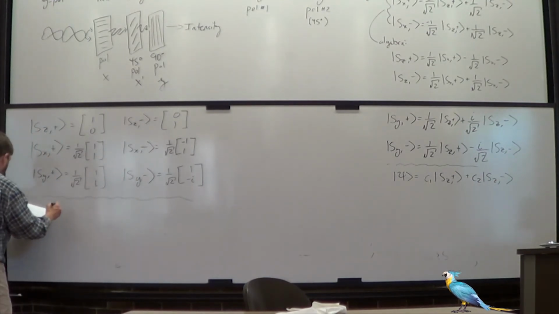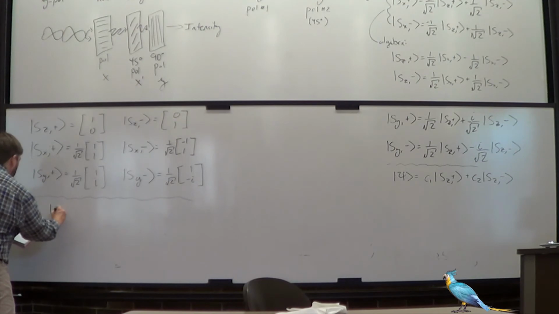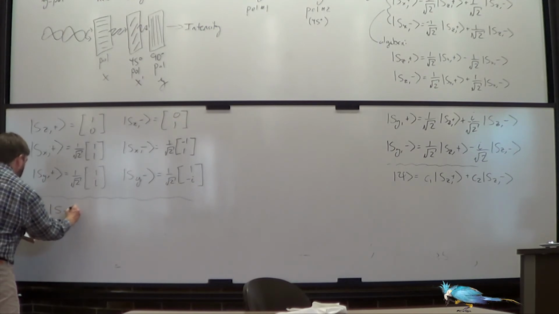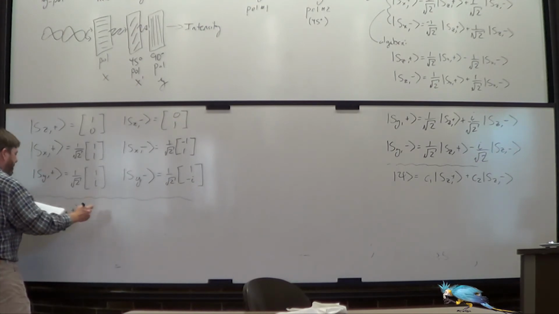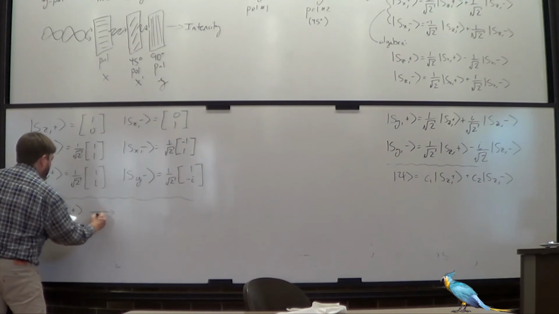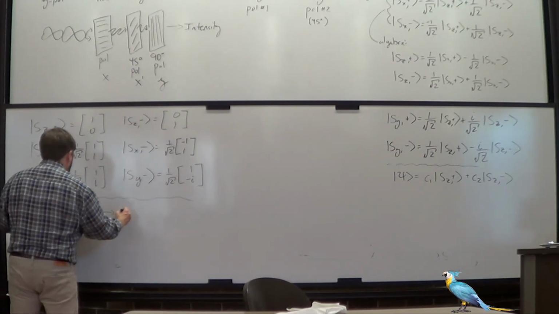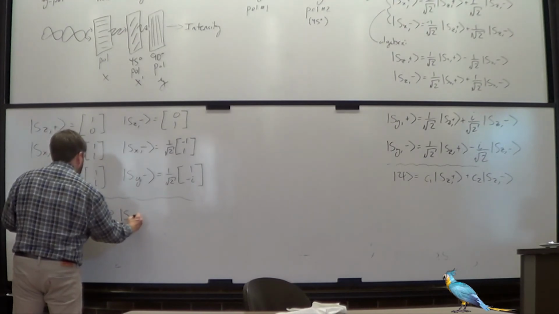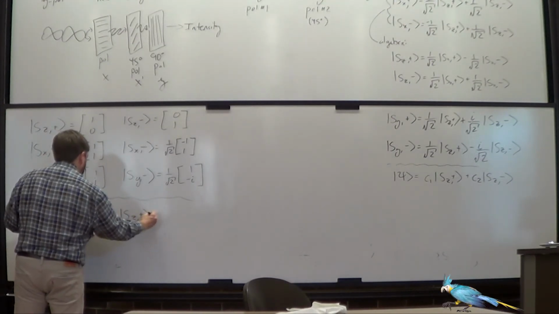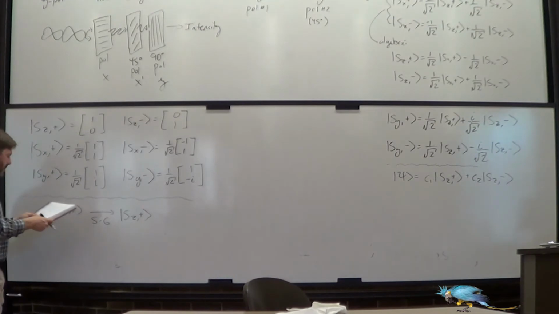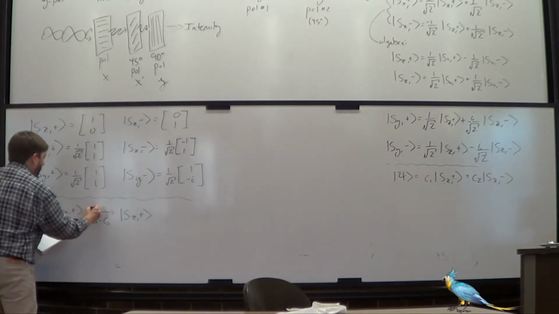All right, so let's see here, how do I want to do that? So what I want to point out is that we had a situation with this stuff where the Stern-Gerlach device turned one state to the other. And we're going to do that with an operator.